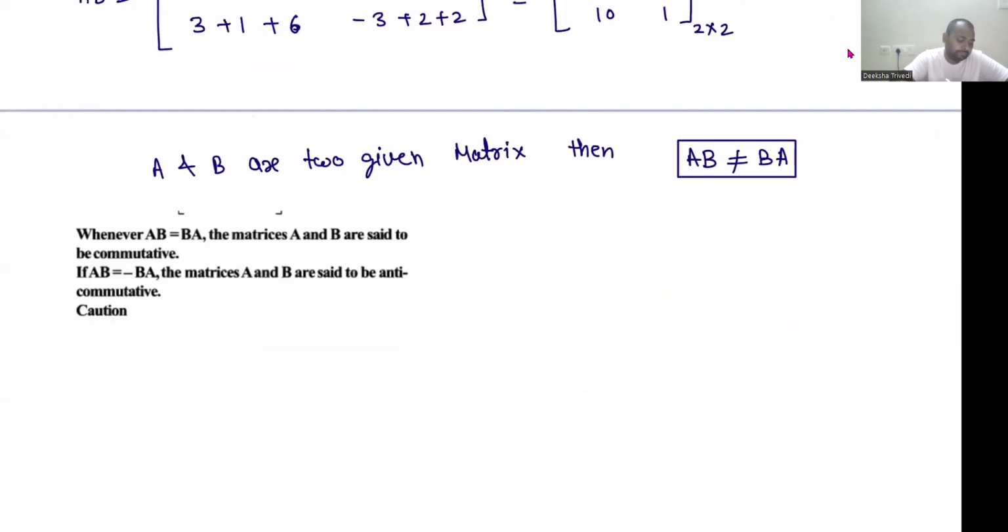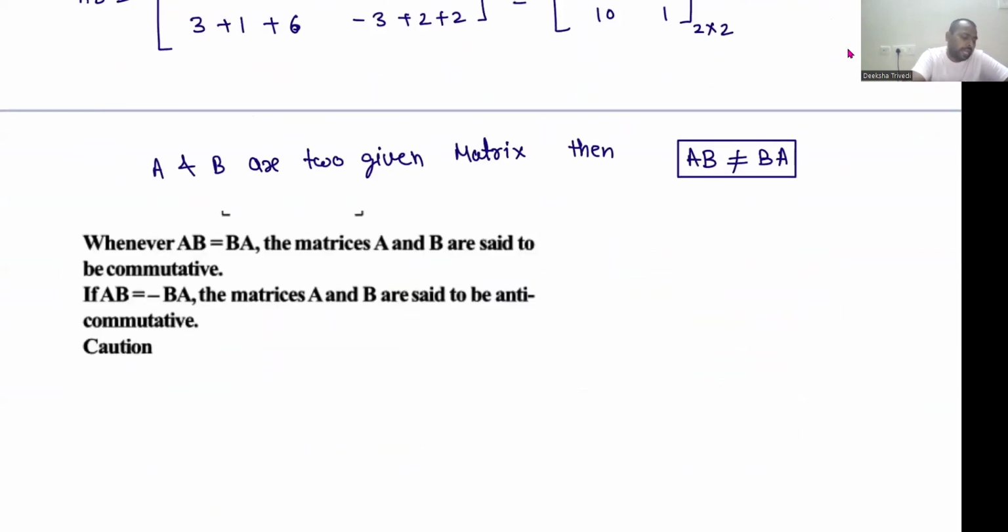See this. Whenever we have two matrices A and B and AB equals BA, then matrices A and B are said to be commutative matrices. Write down this. If AB equals BA, then we say the matrices are commutative. Now, second, if AB equals minus BA, then matrices A and B are said to be anti-commutative.